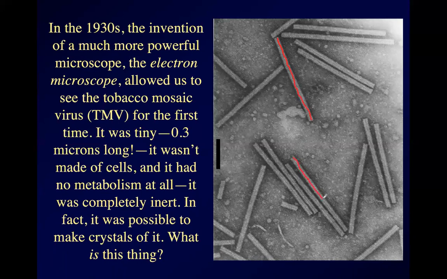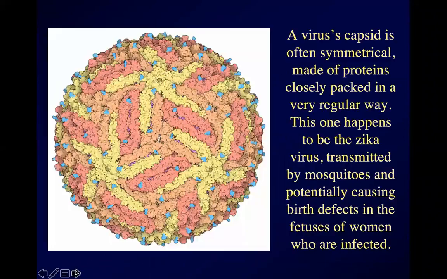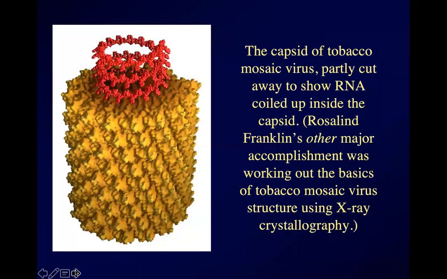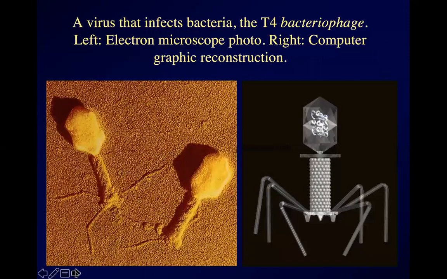You can sort of see it. That channel right there is where the virus's RNA fits in. All right, so there's a close-up of that. And yeah, there's that channel running right down the middle of a tobacco mosaic virus with RNA stuck in it.